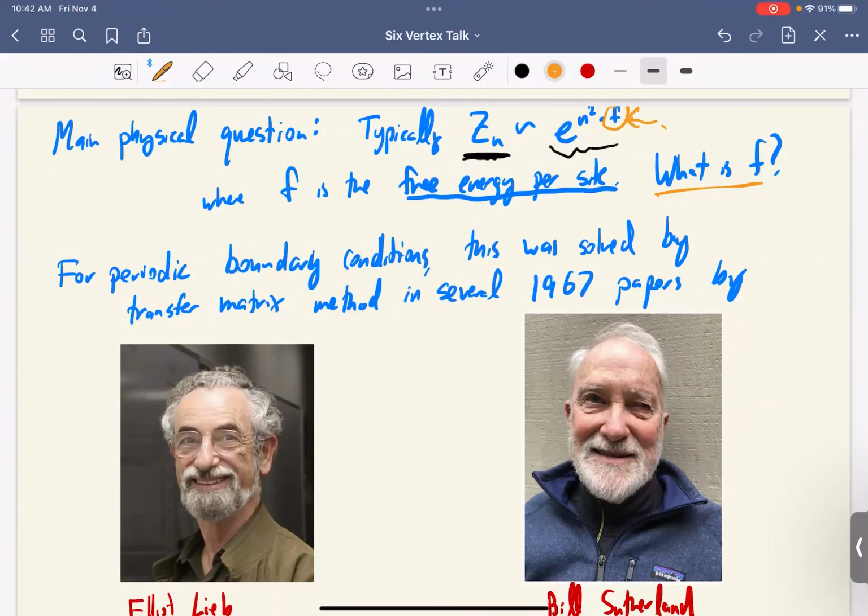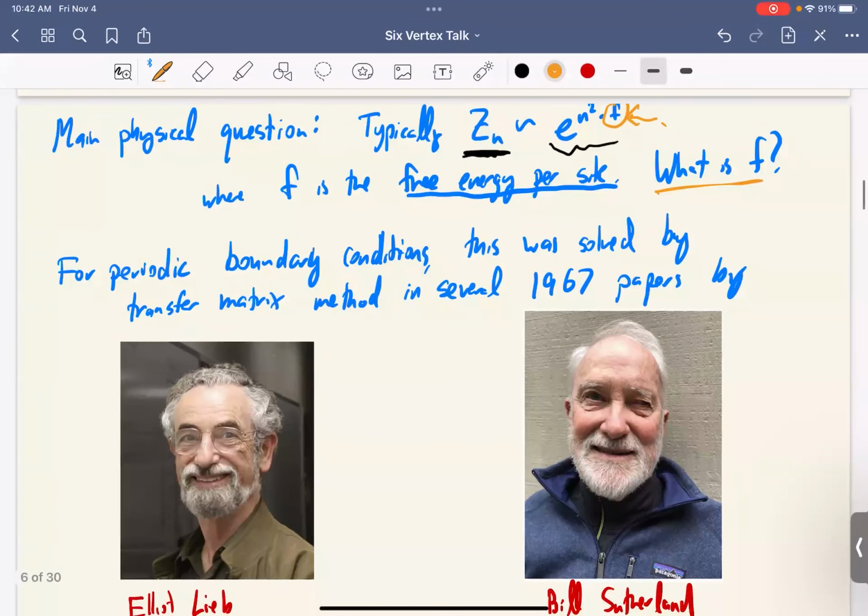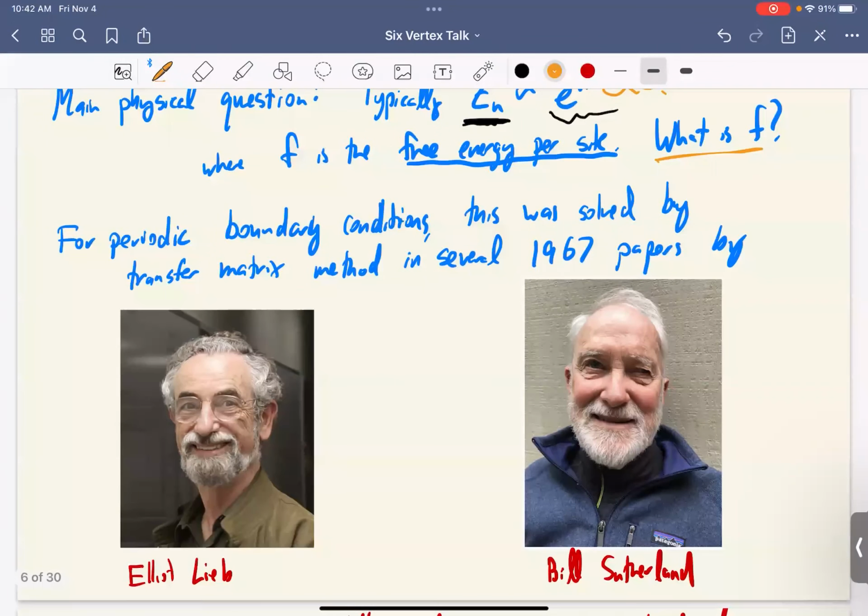But 30 years later, these guys, this is Elliot Lieb from Princeton and Bill Sutherland from Utah. I think he did this work as a graduate student, but he had a long career at Utah. They were able to calculate the free energy.